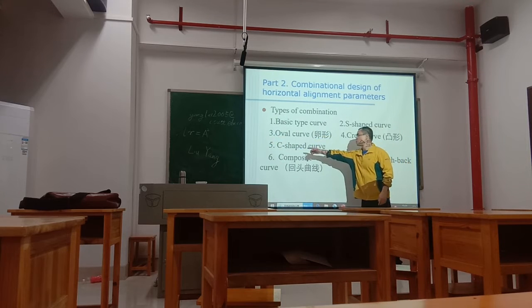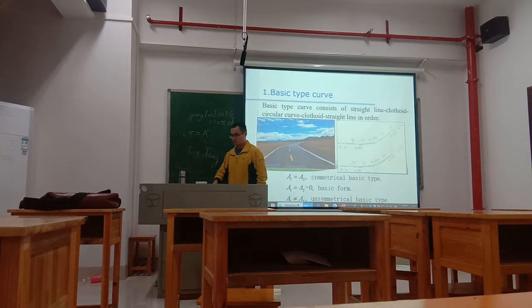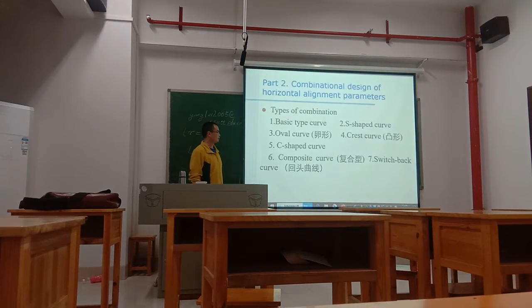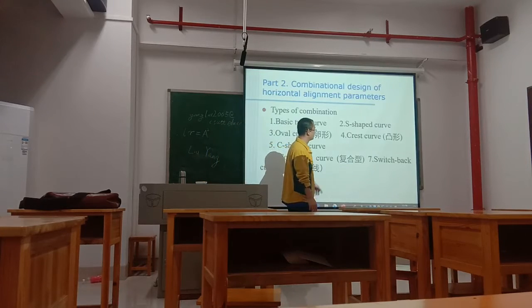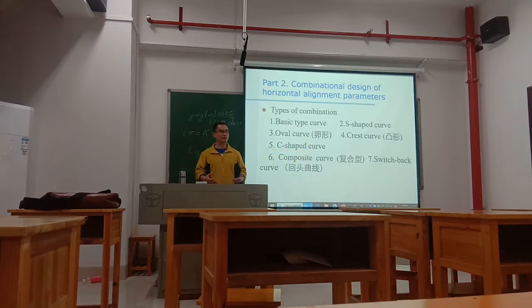The fifth, C-shaped curve. The sixth, composite curve. The seventh, switchback curve. There are 7 kinds of combinations of horizontal curves.